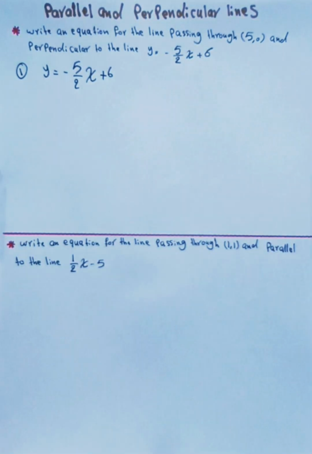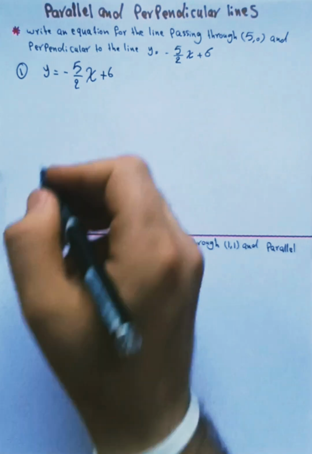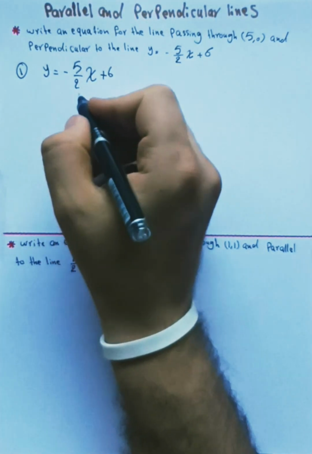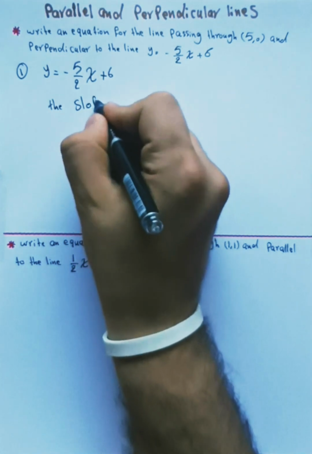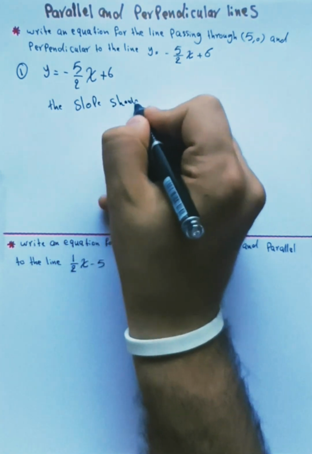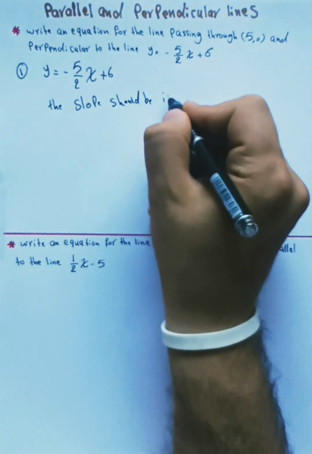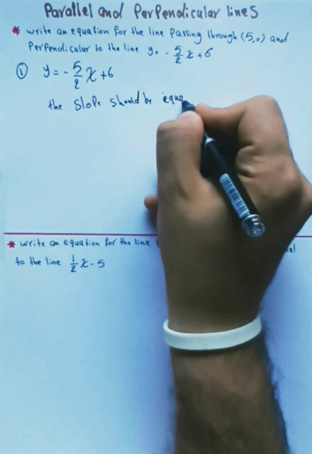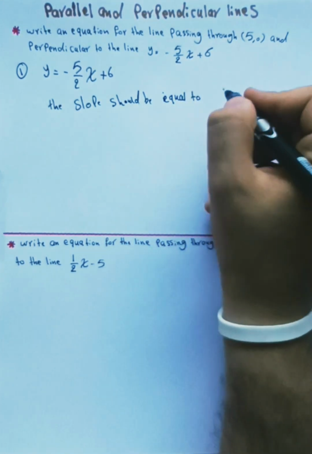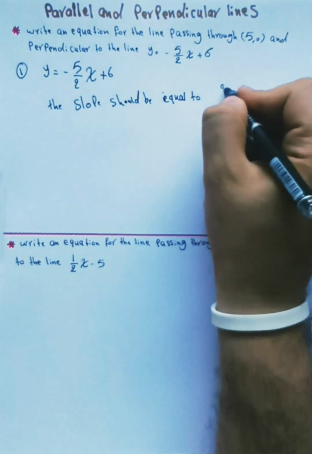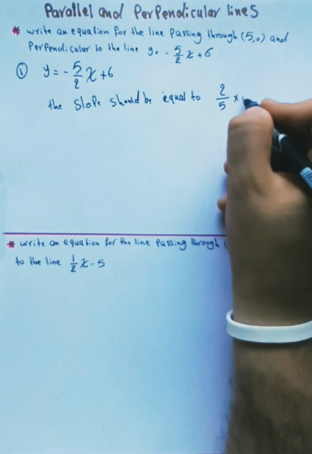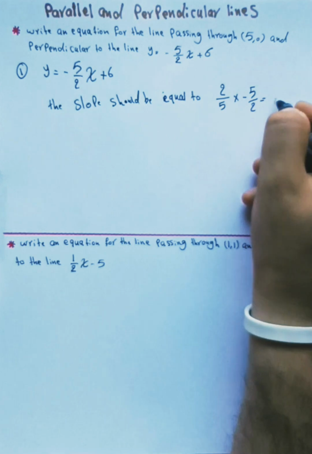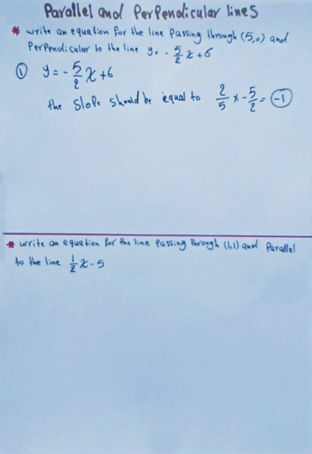So the slope for the perpendicular line should be equal to 2 out of 5, because when we multiply by negative 5 out of 2, we will get negative 1.